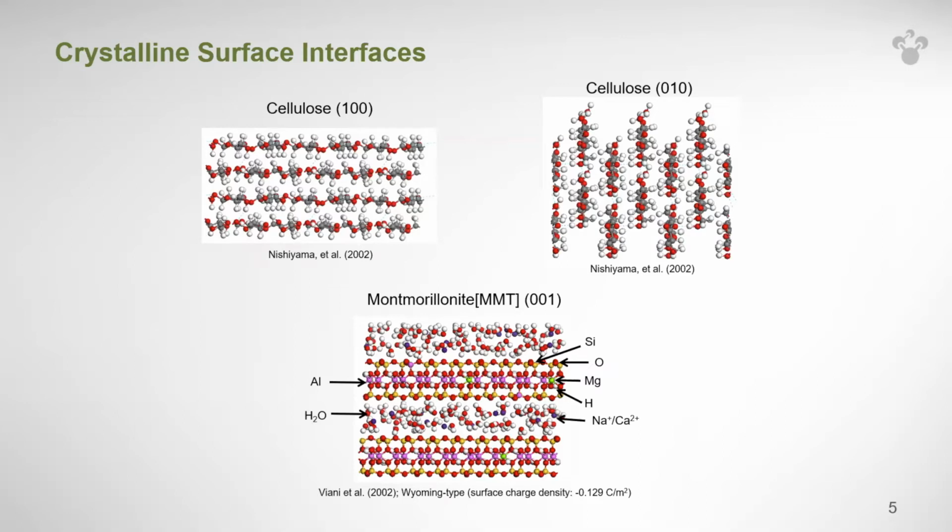And so we wanted to interface it with a number of substrates. And we chose cellulose 100 surface and 010 surface. The cellulose 100 surface is somewhat hydrophobic, and the cellulose 010 is quite hydrophilic.